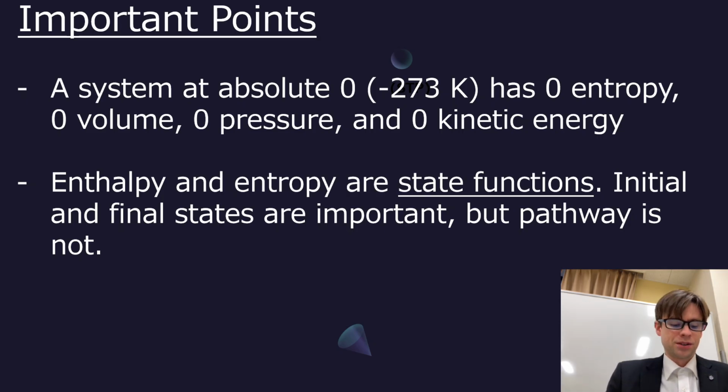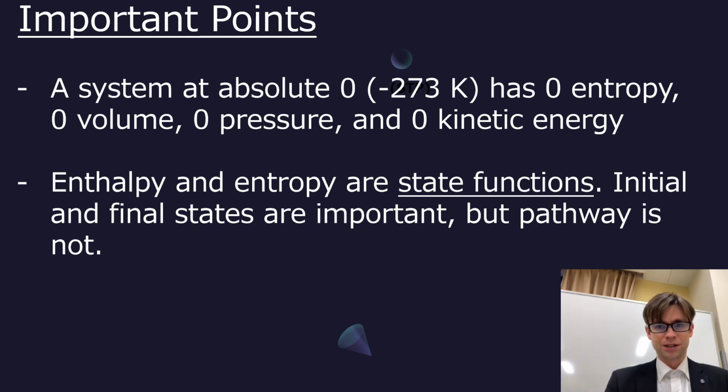It doesn't matter whether you choose reaction pathway A or reaction pathway B. If the reactants and products are the same, then you know the enthalpy change will be the same as well. This forms the basis of something called Hess's law that we'll be studying later. Entropy is also a state function.